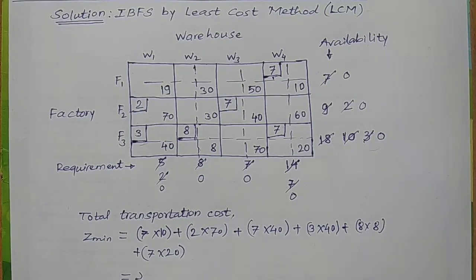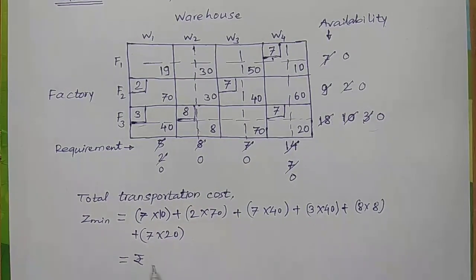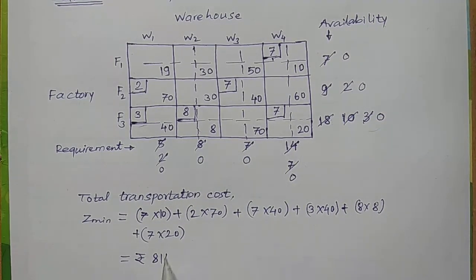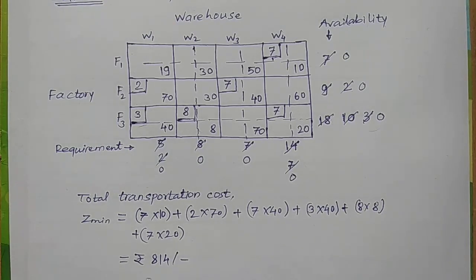Now how much total cost comes? The total cost is rupees 814. So this is the IBFS and transportation cost by least cost method.